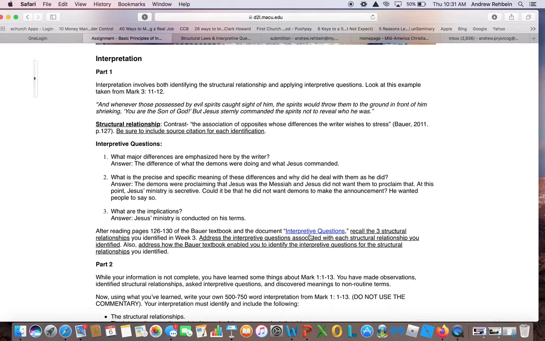So look for those, and see how they fit with your particular structural relationship, and then just, what is that first question? What is your answer? What is the second question? What is your answer? What is the third question? What is your answer? Okay? And keep it simple. Again, don't overcomplicate this. If you follow this exact format for part 1, you will fulfill the requirement.